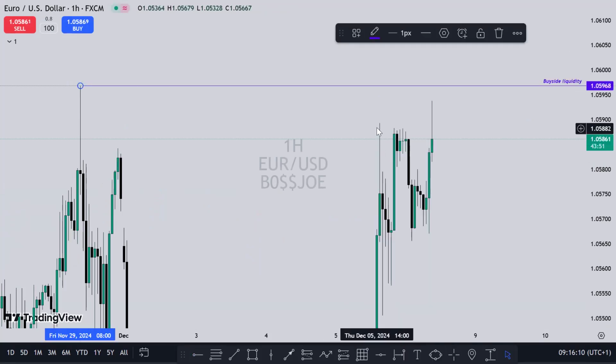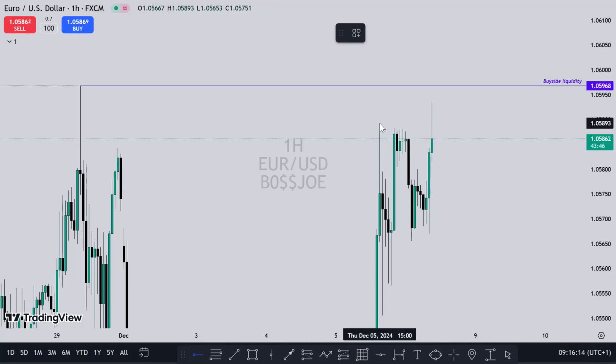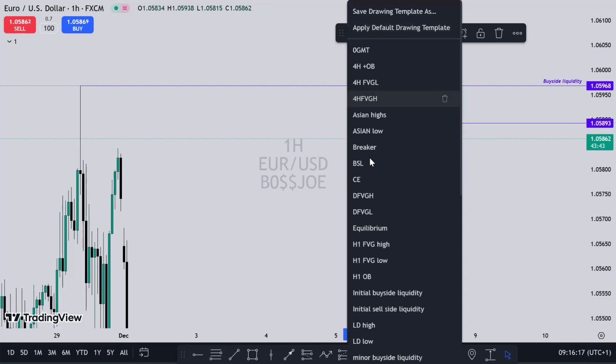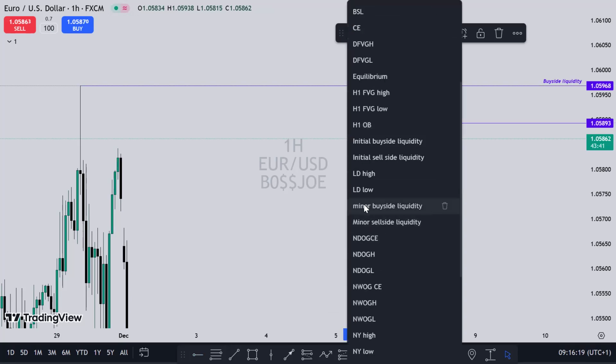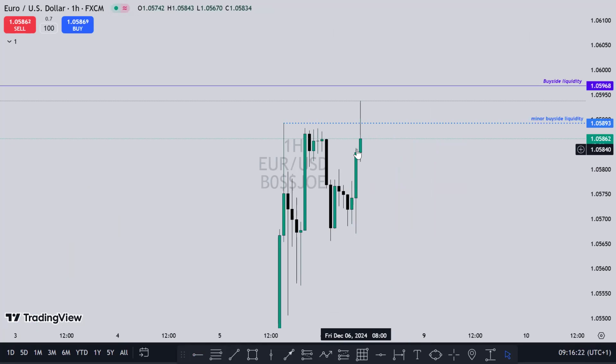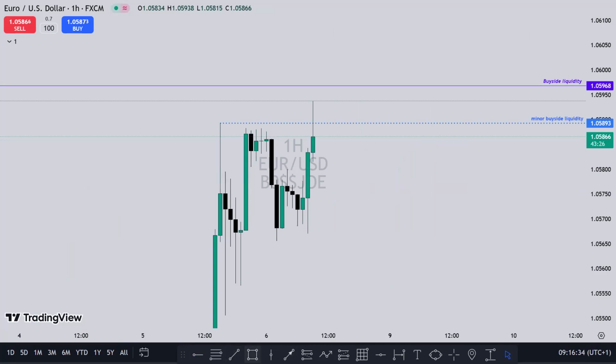There's buy side resting there. It has swept this one. Minor buy side was here. There was minor buy side right there. So let's see if EU, we still have 43 minutes for this 1 hour time frame to finish its work. Let's see what it can offer us.